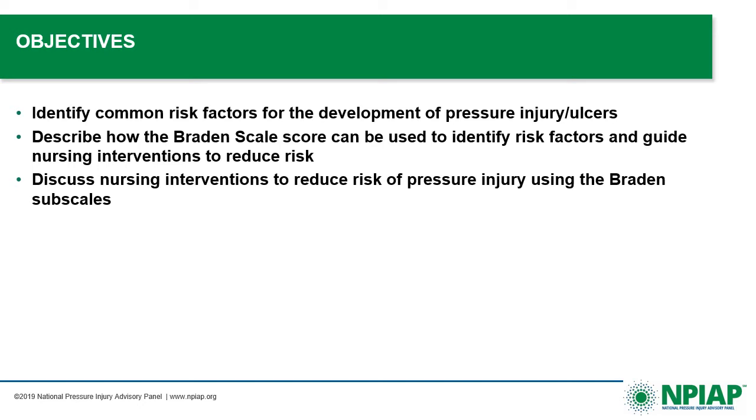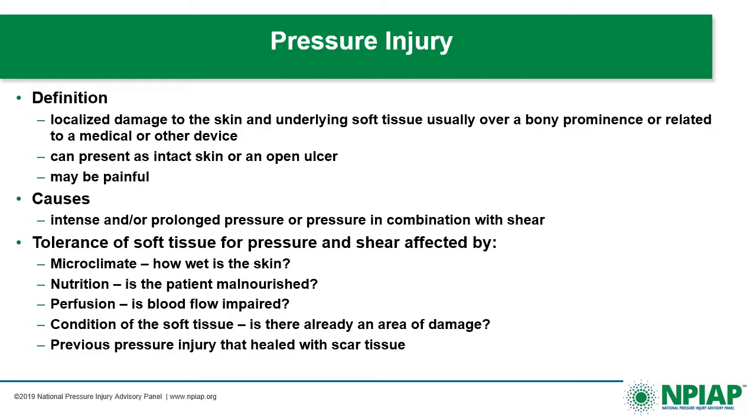So I'll tell you when we get to those. And then, as I said, we're going to look at the nursing interventions that are targeted to the areas of risk as identified in the Braden scale. The idea of that is that you'll be able to individualize the interventions to the area of risk for your patient.